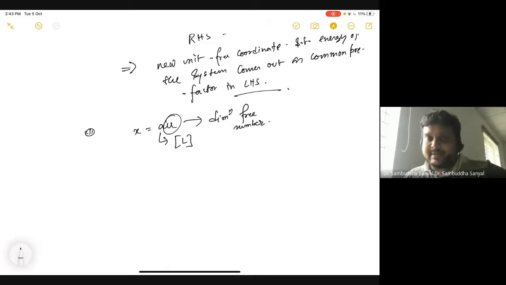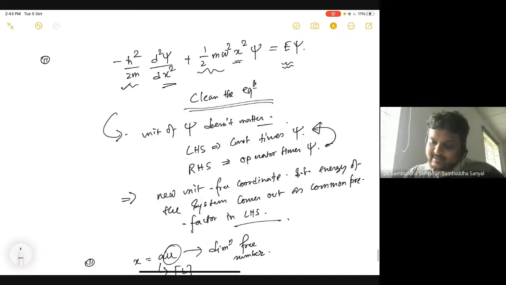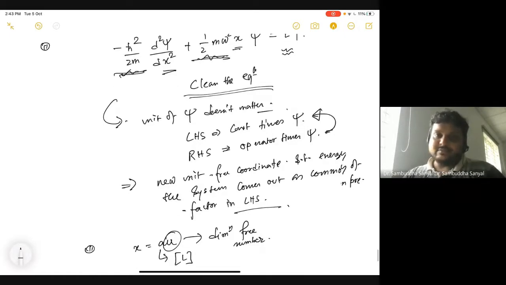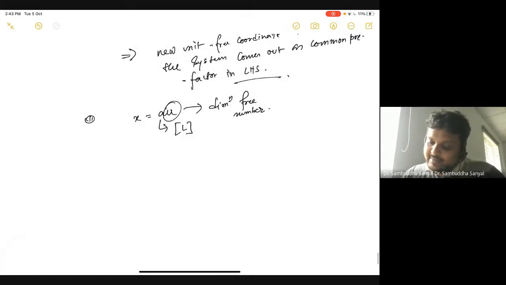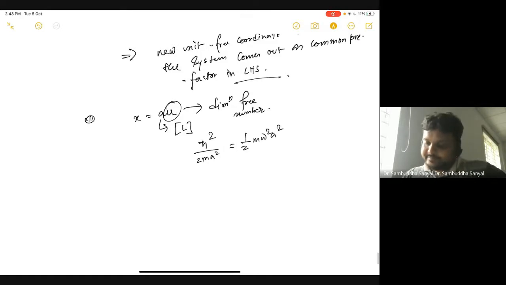And what was our agenda? Our agenda is to make the energy unit come out on the right-hand side. So this factor, which is a, will come out here, and these two must match. So I demand it must be 2m over m omega squared a squared. That tells me a must be root of h-cut over m omega.